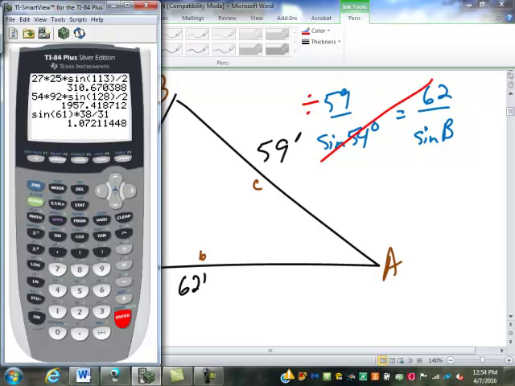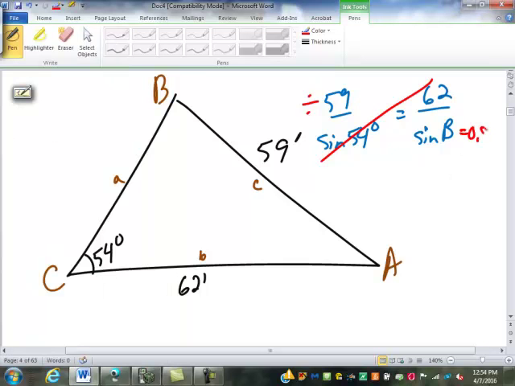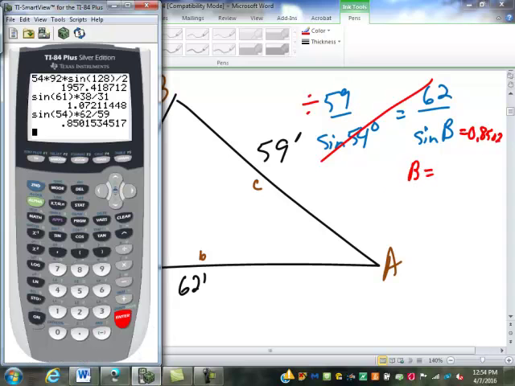Sine of 54 times 62 divided by 59 is 0.8502. So I'm going to go ahead and do my inverse sine to get B. 58.23 degrees.